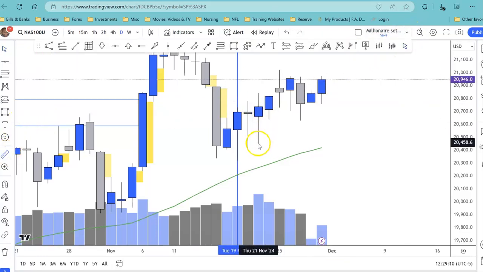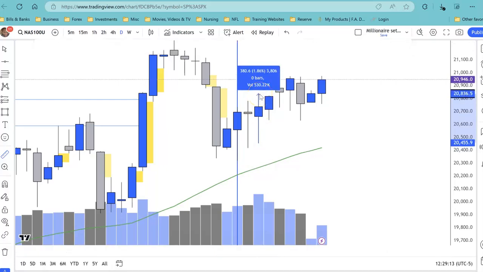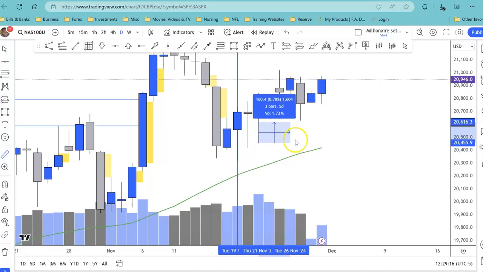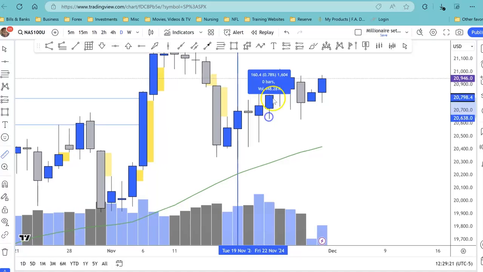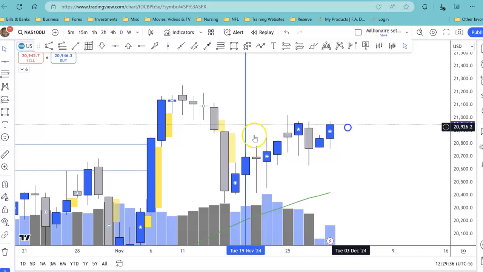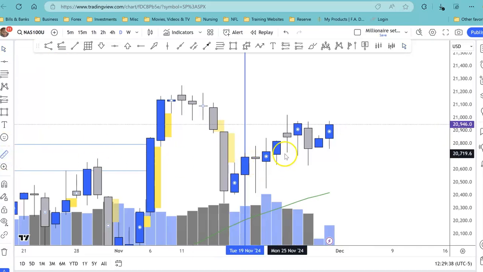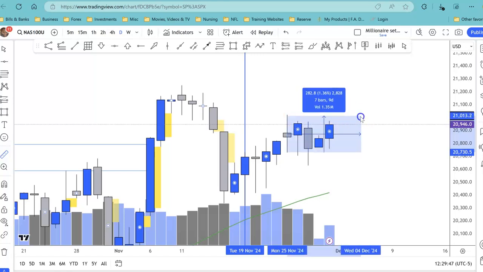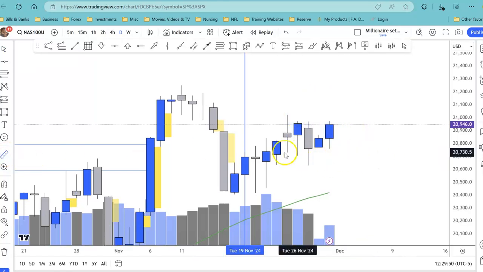And then on day 2, we're going to go with 380. Day 3, we're going to go with about 180. I'm rounding up for that one. Day 4, we're going to go with 288.